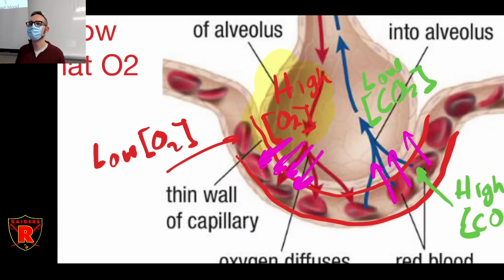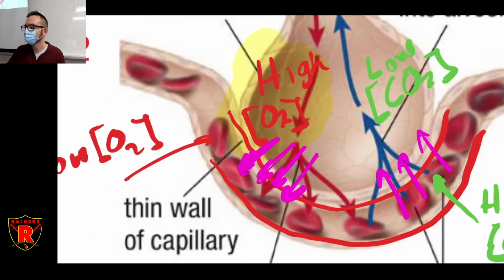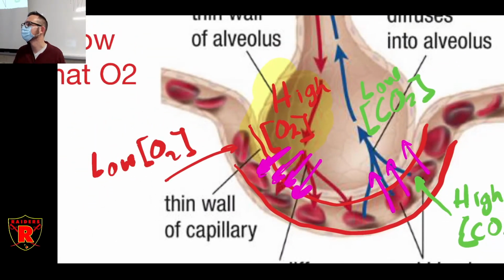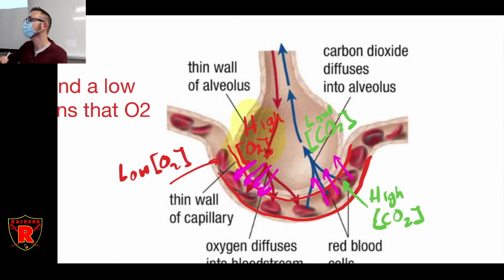You guys just saw this. If I had like a 15% concentration of O2 here and a 15% concentration on the other side, what happens to the movement across the membrane when it's the same? It slows down or it stops, right? You get no transportation. So this entire system of diffusion completely breaks down as soon as you stop ventilating, replacing the oxygen at the alveoli. That's why you got to breathe. Okay, so breathing is pretty important in this process.